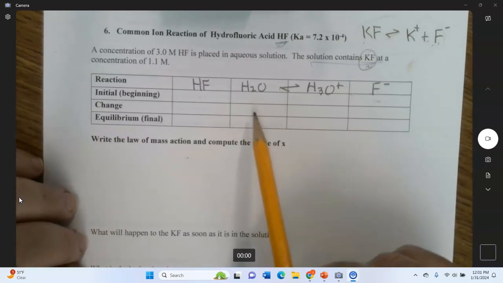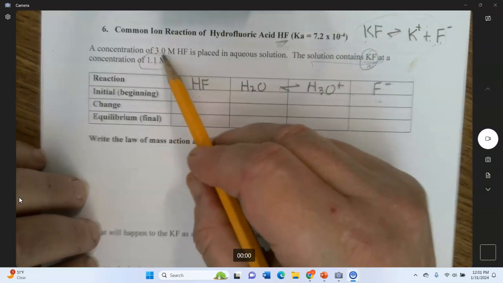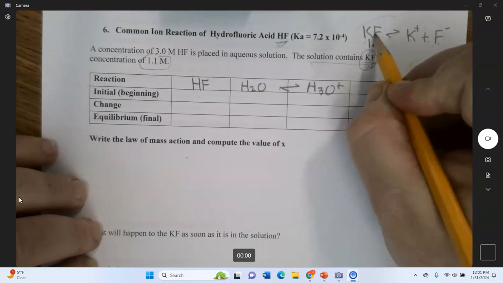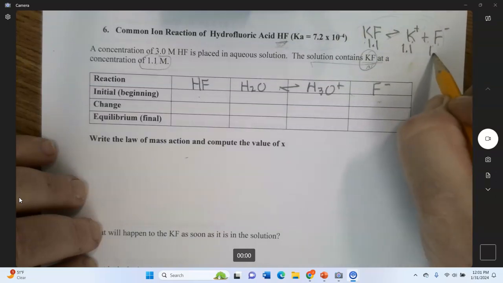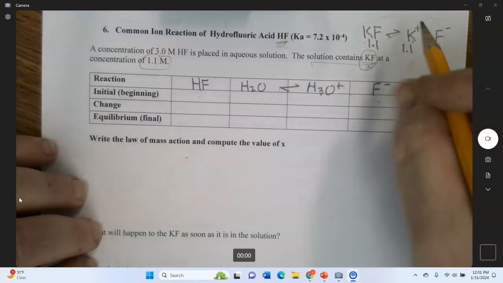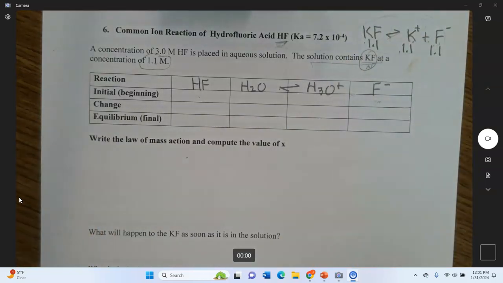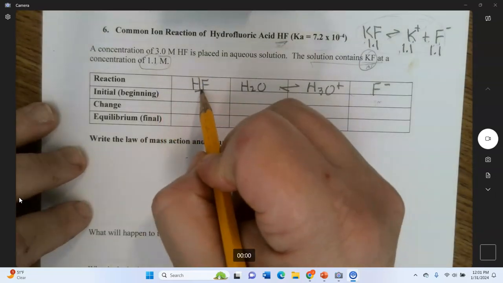All right, so let's plug in the numbers. First of all, we need to know the molarity of that. If you started off with 1.1 molar of KF, you'll end up with 1.1 molar of K and 1.1 molar of F minus. It's going to produce as many Ks as Fs as it originally had. Okay, so the concentration of HF is 3.